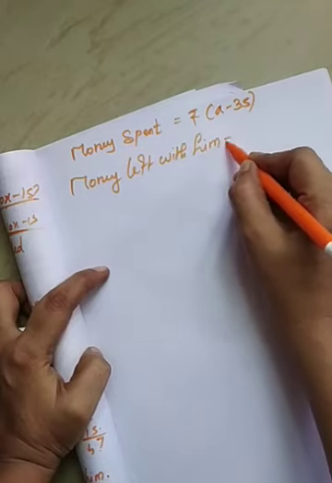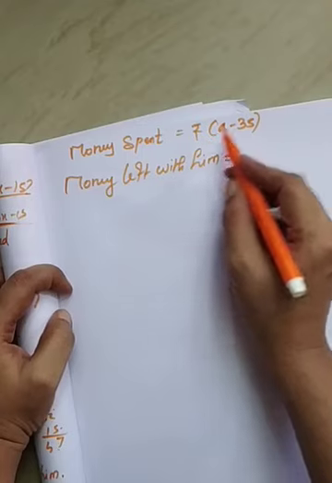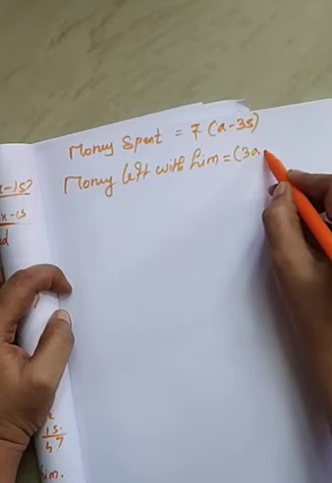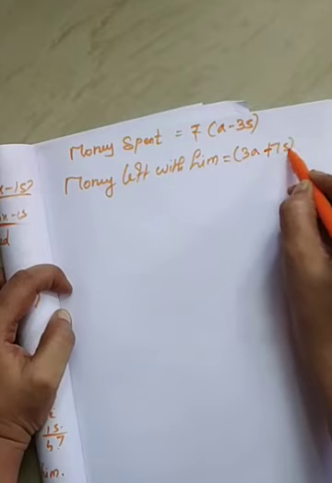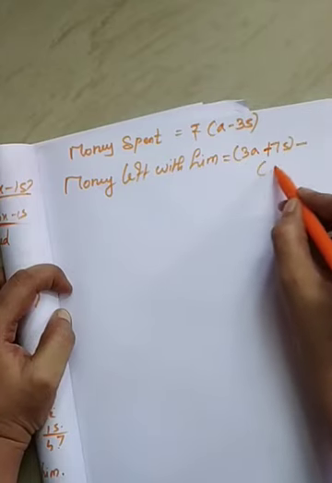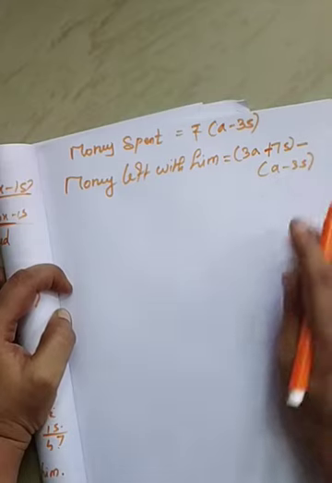Money left with him is equal to 3a plus 75 minus, writing this value, a minus 35.